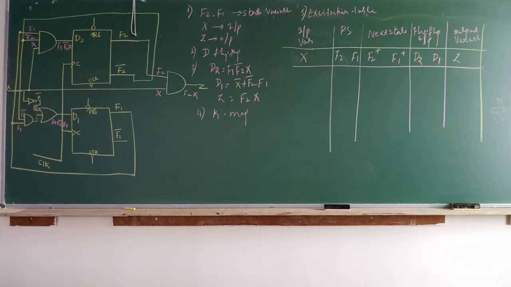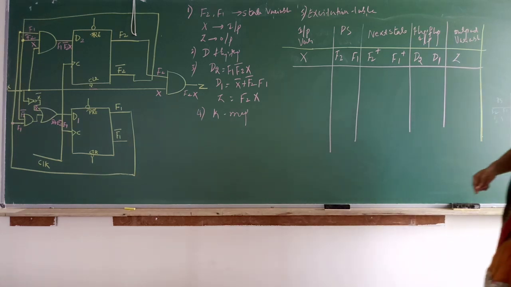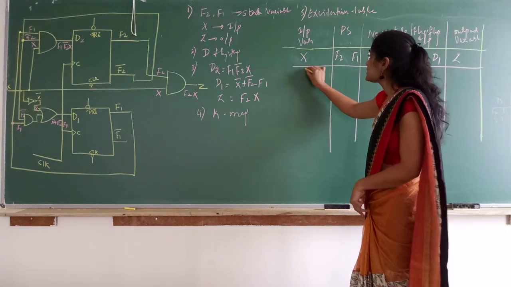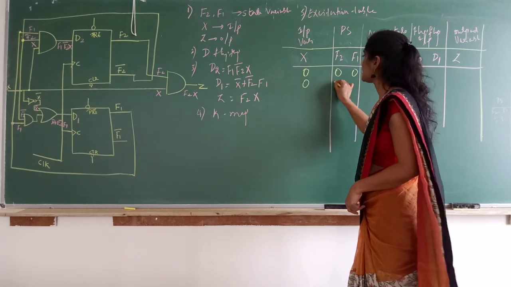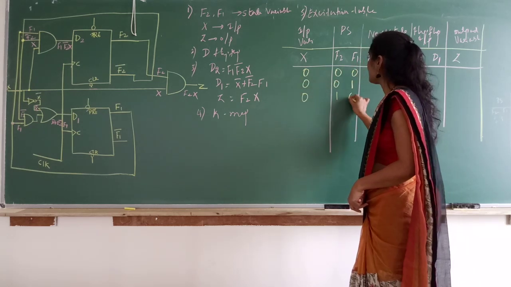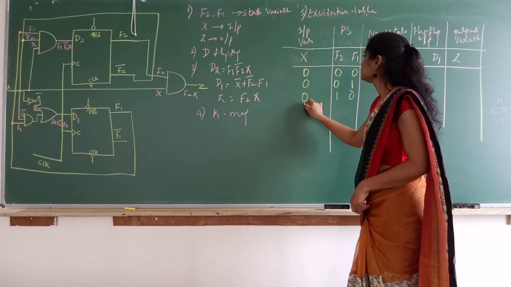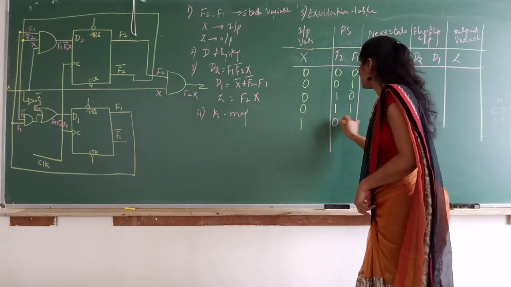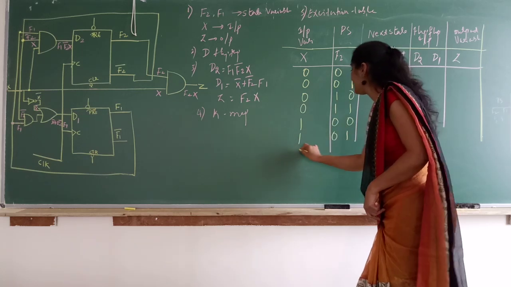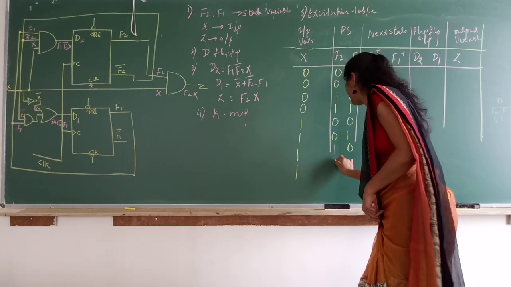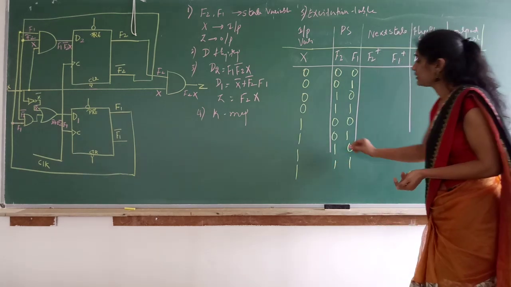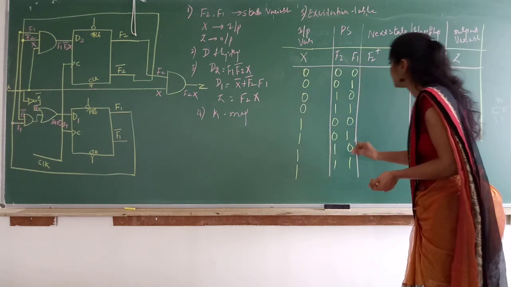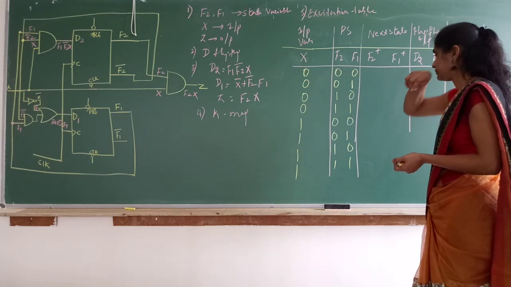We have 3 input variables, so possible combinations are 8, that is 000, 001, 010, 011, 100, 101, 110, 111.